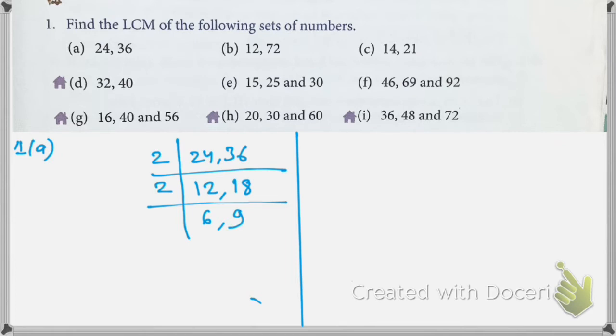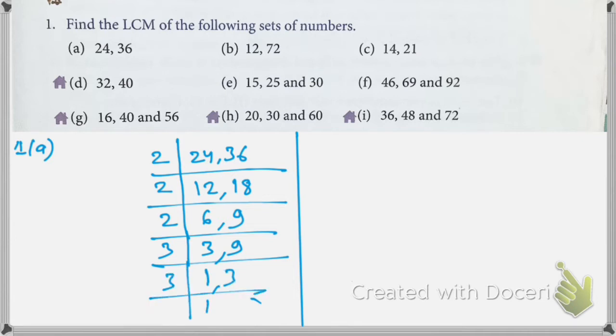Here, students, again we can divide by 2. 9 does not come in 2's table, so write just 9 here. Now 3 and 9 do not come in 2's table, so divide them by the next prime number, 3. So 1 and 3, again divided by 3, 1 and 1.